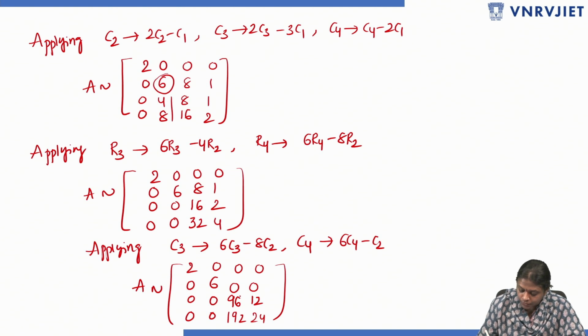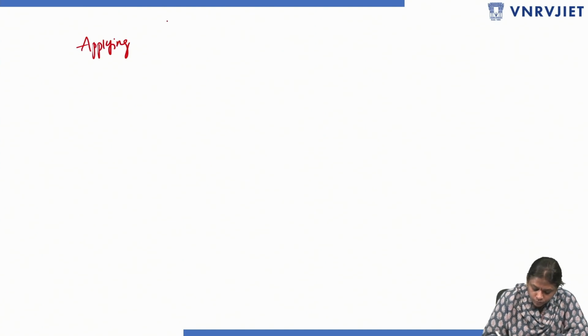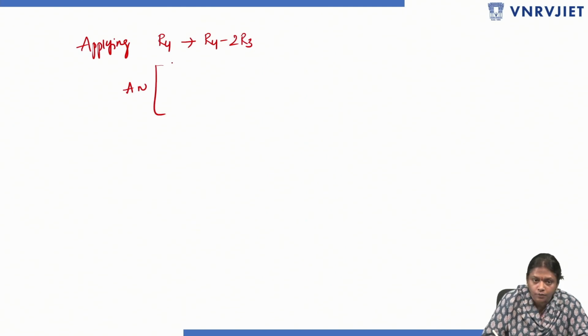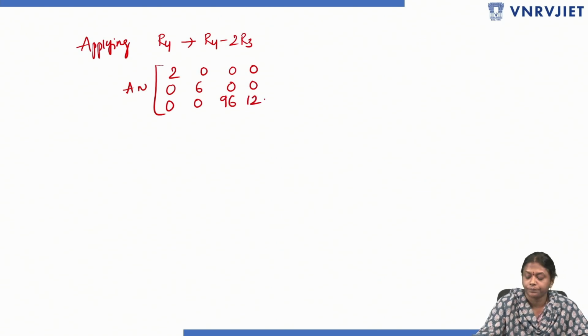Now the third step is, with the help of this element, I need to make the down element equal to 0. Now applying R4 tends to R4 minus 2R3. Since I am applying for the R4 row, I am writing the remaining R1, R2, R3 as it is. It's 2, 0, 0, 0, 6, 0, 0, 0, 0, 96, 12.